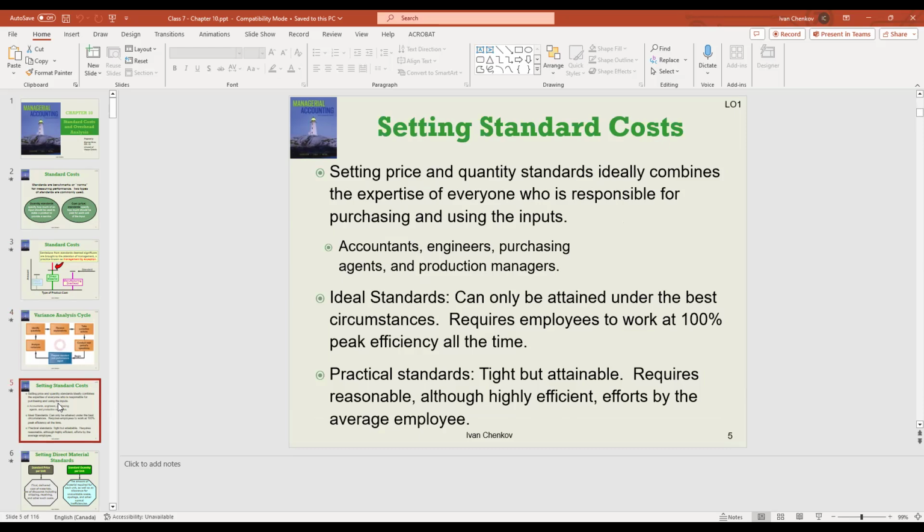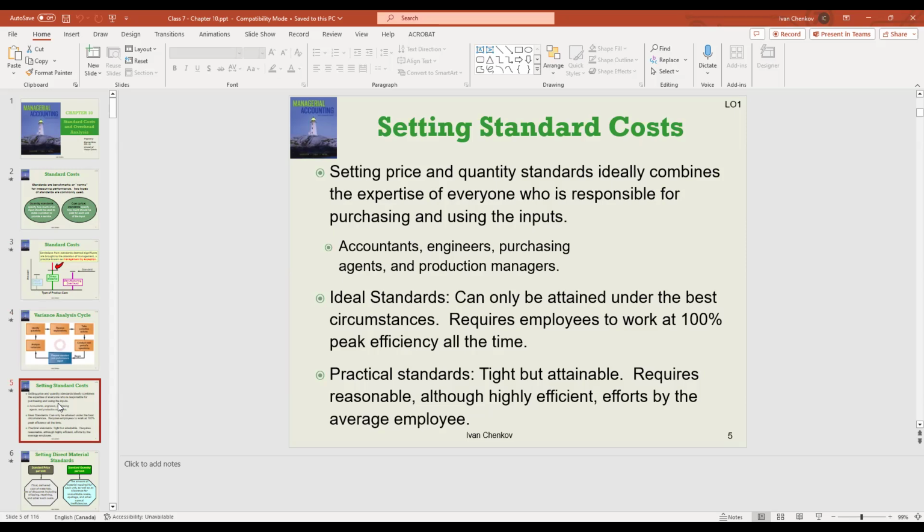So the question is, how are we going to set our standards? Now we understand we have to have a standard for the price and a standard for the quantity. Ideally, we'll try to get everybody involved in our organization in order to come up with those standards.